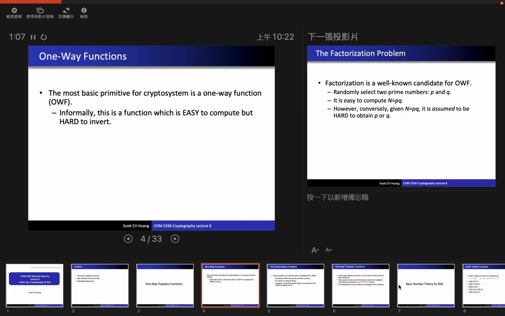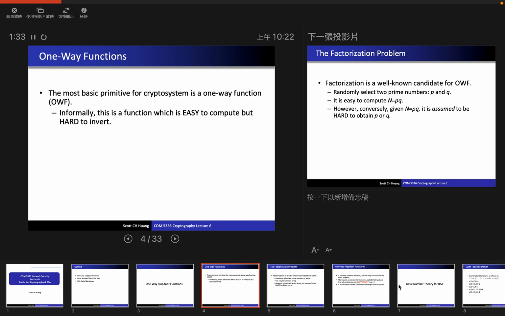There are some mathematical problems that have this property. In one direction, it's easy. In another direction, it's hard. There are not too many of them. Actually, if you can come up with a one-way function, you can probably extend it to an asymmetric crypto system. These crypto systems really depend on one-way functions.